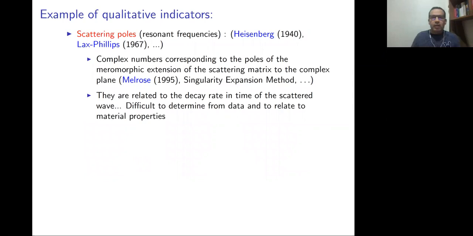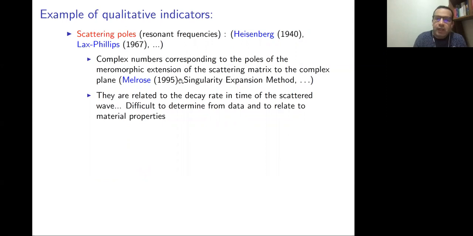Okay, the other set of special frequencies for the scattering problems. These are a much older notion and much more studied quantities. They are called the scattering poles, and they correspond to the meromorphic extension of the solution operator to the complex plane.